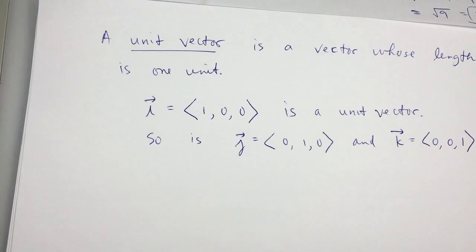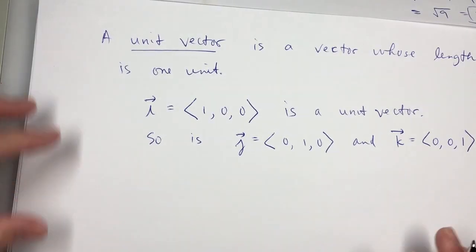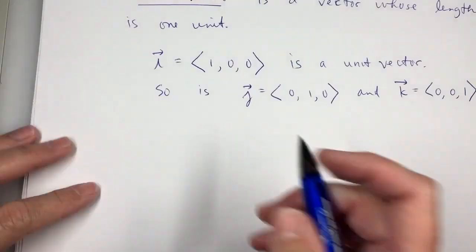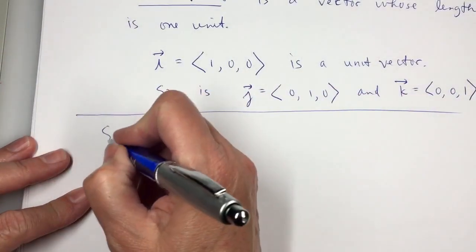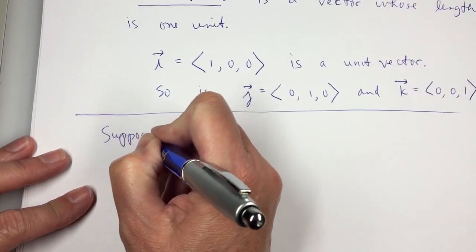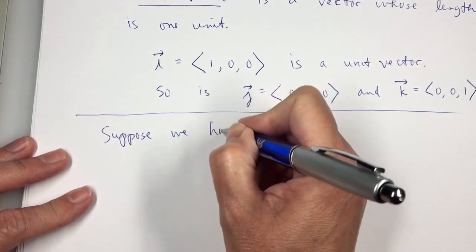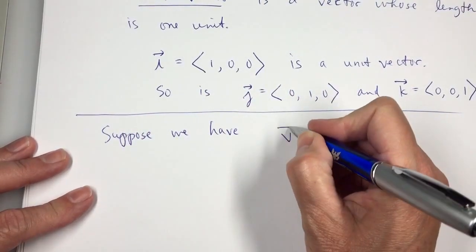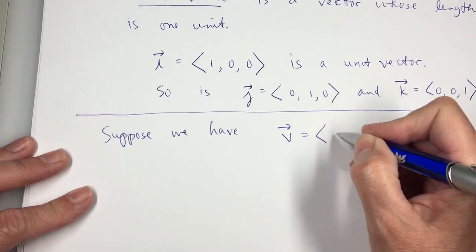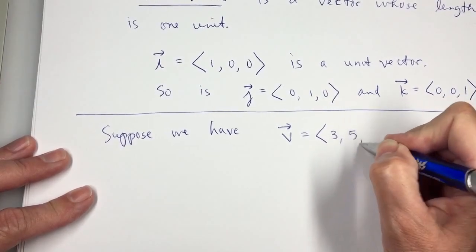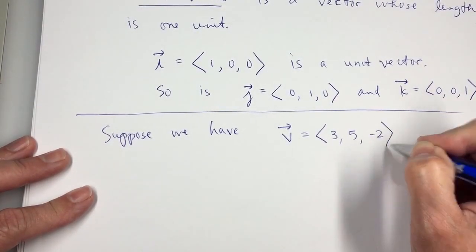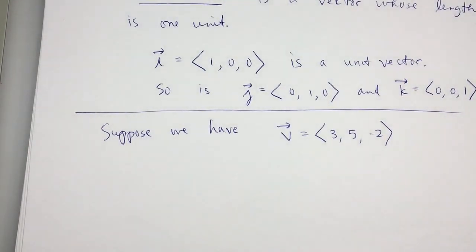Well, suppose I want a unit vector that's in a different direction. So here's the example. Suppose we have vector V, which is 3, 5, negative 2. And I just made those numbers up, so I don't know if it works out nice or not.